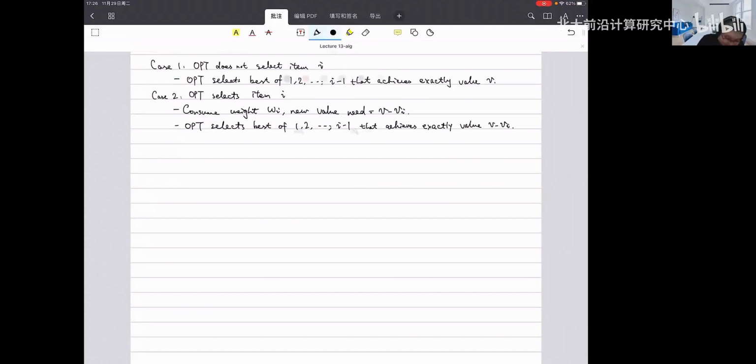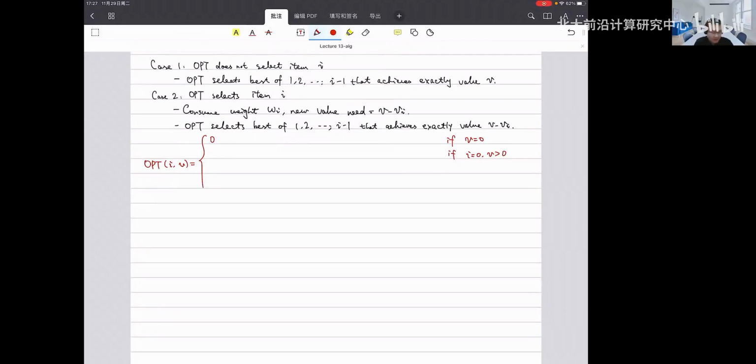Or formally speaking, we can write down the following dynamic program: OPT(i, v) equals the following. It equals 0 if v is 0, meaning the choice gives you exactly value 0. Or if i equals 0 but v is larger than 0, in this case we don't have any choice.